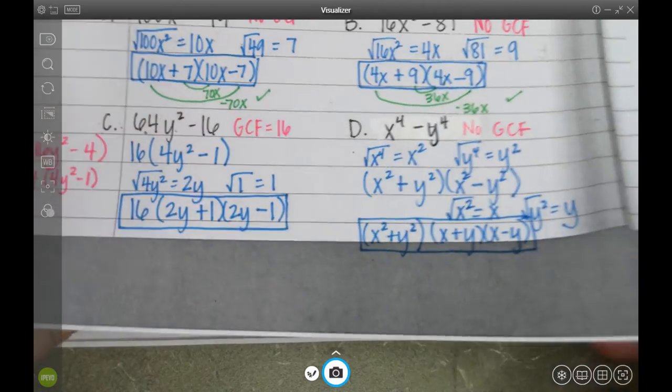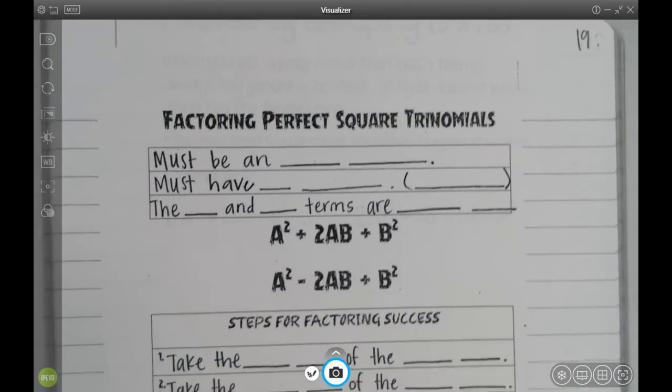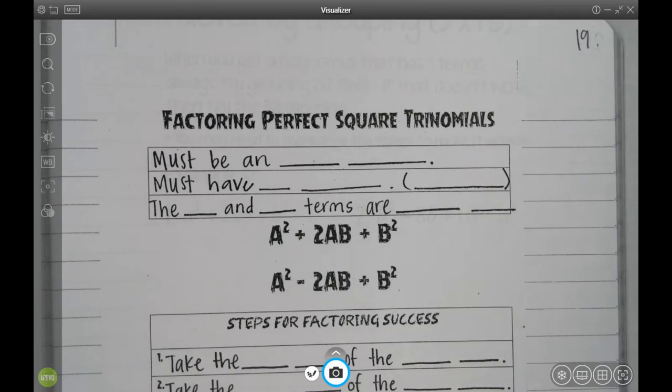All right, page 19. That next paper from your sleeve. Perfect square trinomials.